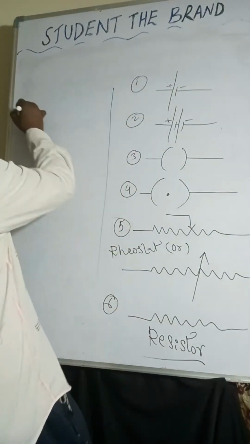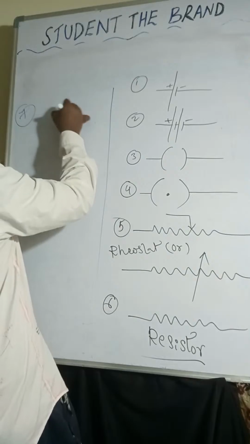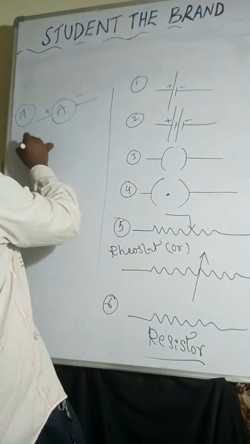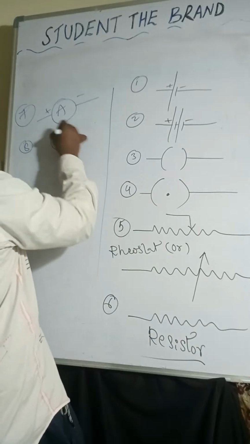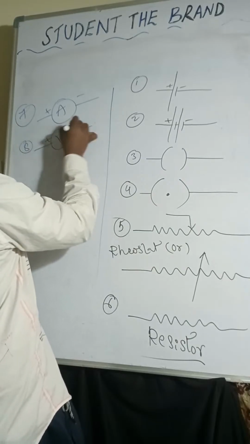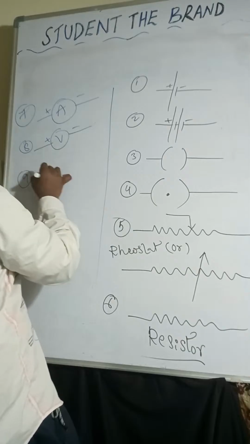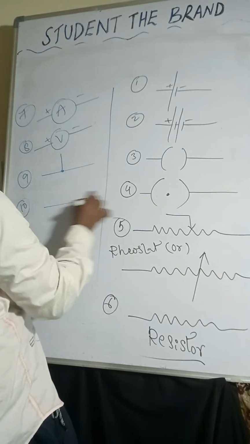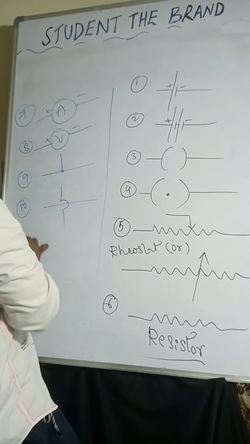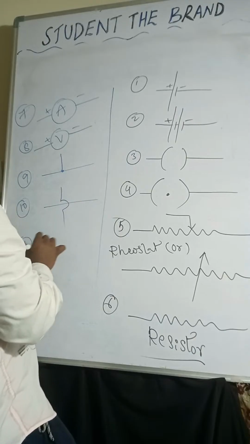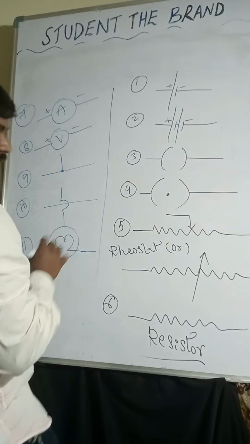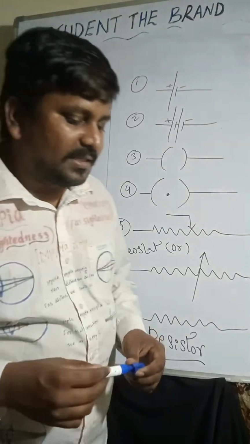Coming to the seventh one, the ammeter. The eighth one is the voltmeter. Ninth one is wire joining, then wire crossing, and the eleventh one is the bulb. So these are the electrical appliances.